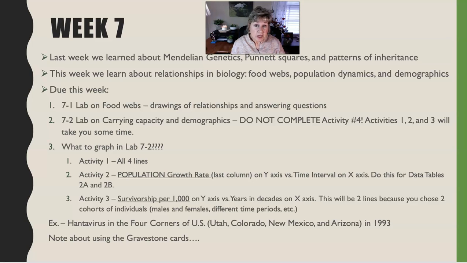This is one of the jobs of the Department of Natural Resources anywhere that you live. They do population studies of animals like deer, because there are only so many deer that a particular ecosystem can support. And after that, when the population gets too big, they start dying from diseases and all that sort of thing. So carrying capacity, and I've just explained what demographics is, how you break down individuals in different age groups, etc.